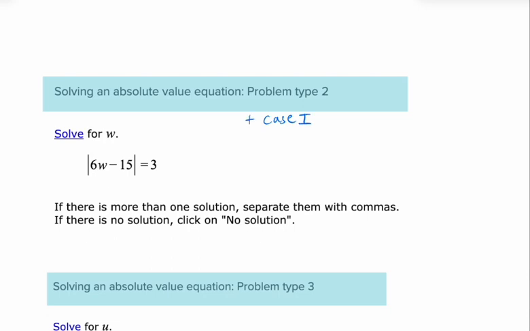And the positive case is that 6w minus 15 is already a positive number, so I can just keep it the way it is and set it equal to 3. Now the negative case, I'll call case 2. In case 2, I have to make it the opposite of what it was before, so I'm going to get negative 3.